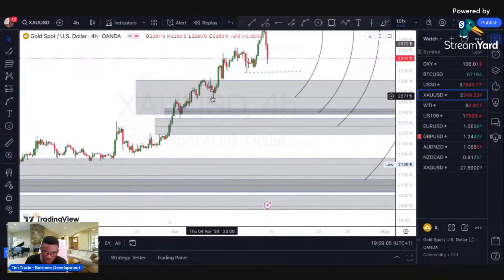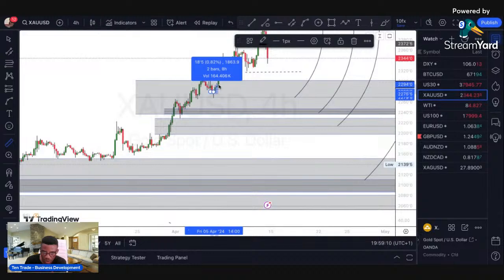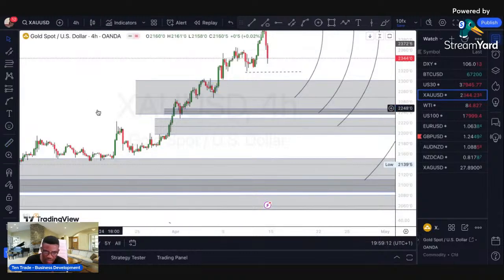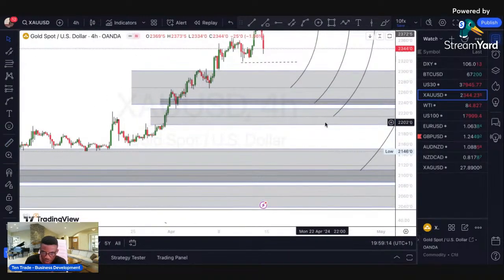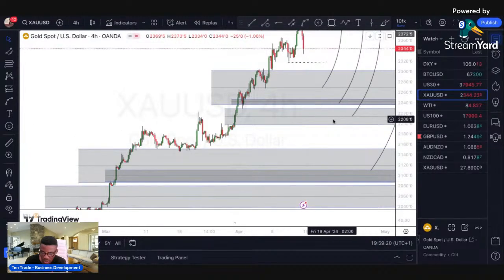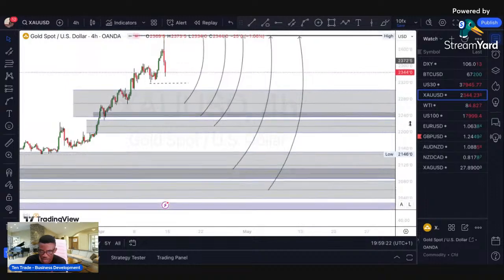What about this zone when it came down here and we had a bullish move? 186 pips. What about this zone? Was there any move from this zone? Not yet. So all these areas are areas for me.